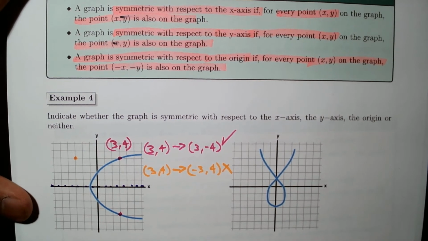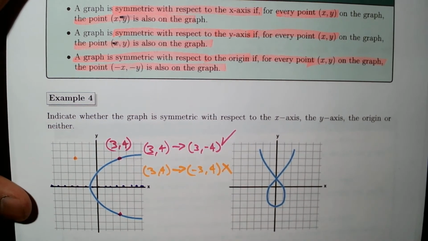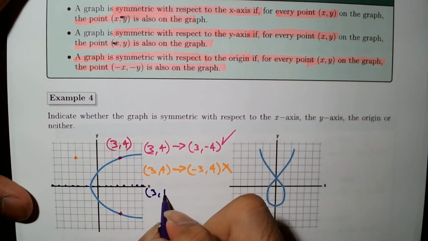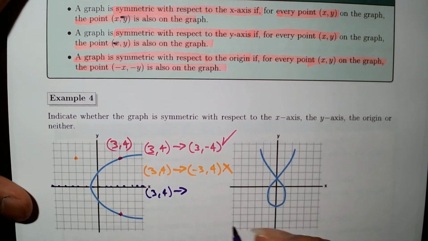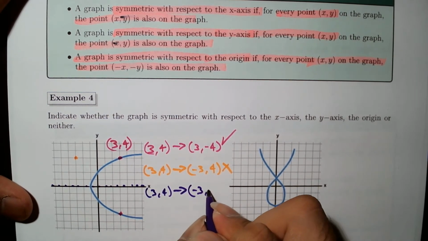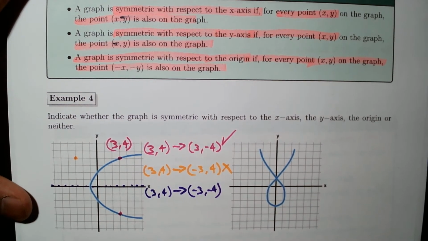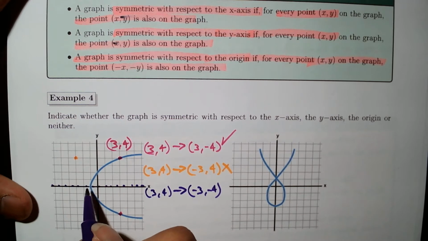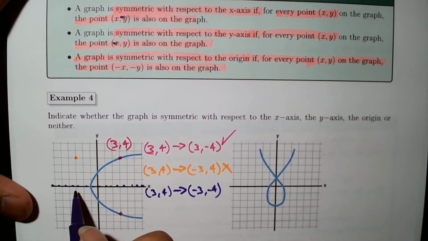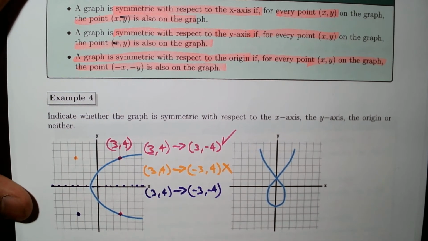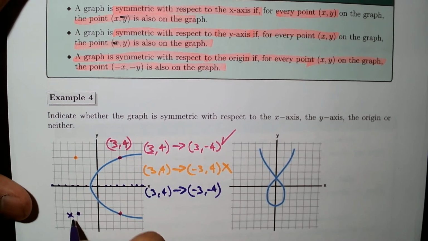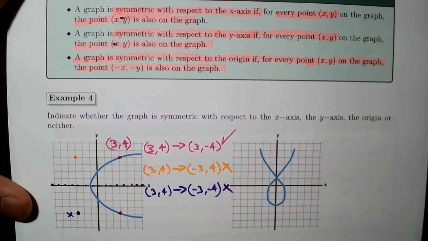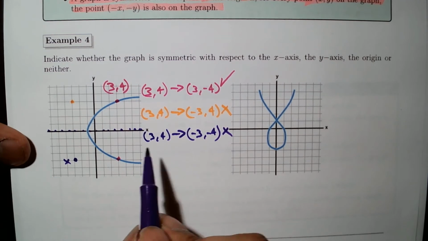Let me use a different color. 3, 4. For symmetry about the origin, we change the sign of both numbers. Okay, so now I'm going to go 1, 2, 3, negative 3, and negative 4, and it turns out to be a point that is not in the graph of the one we have.